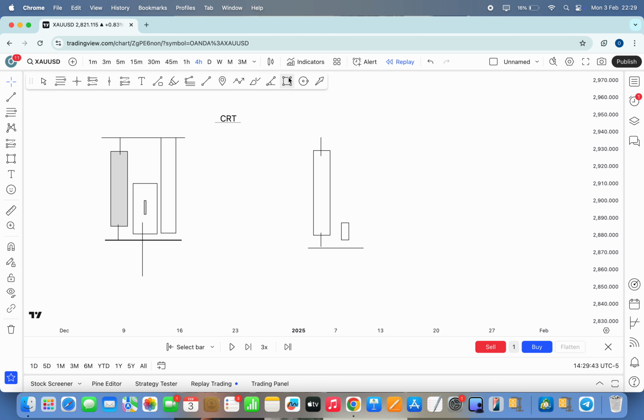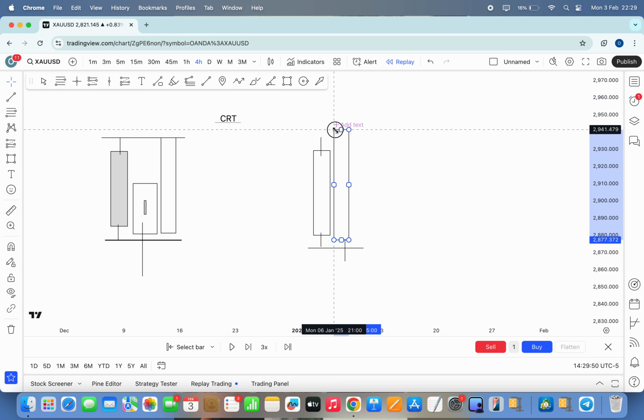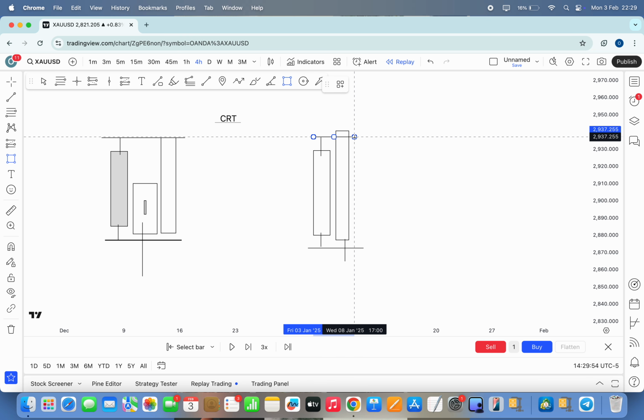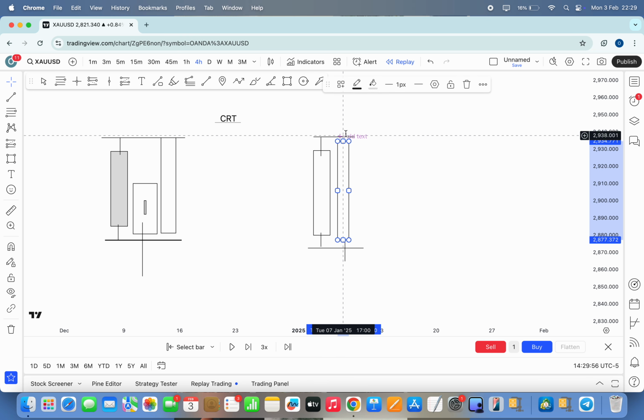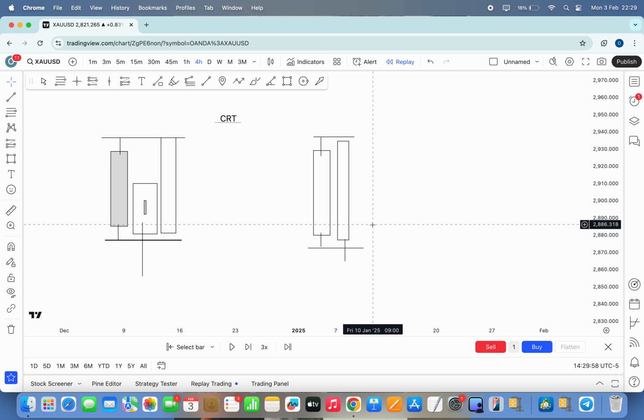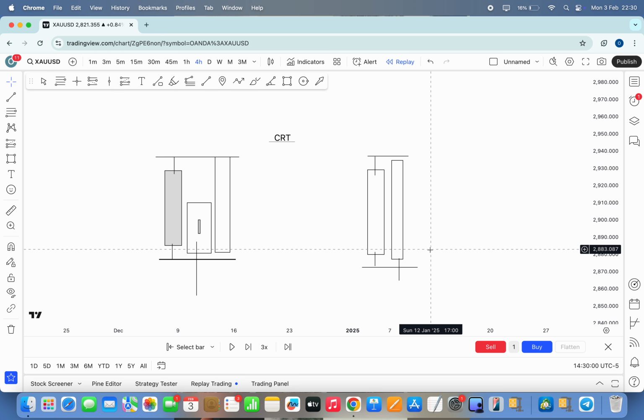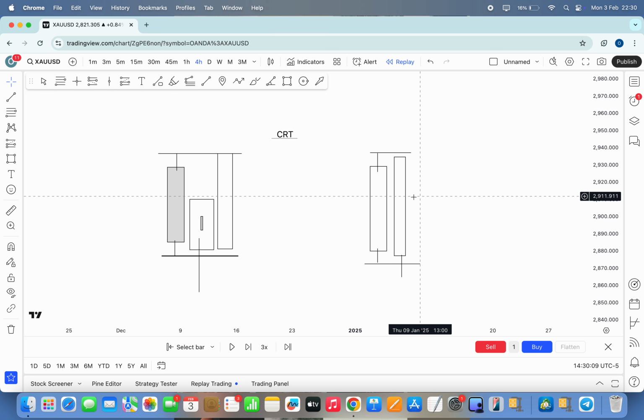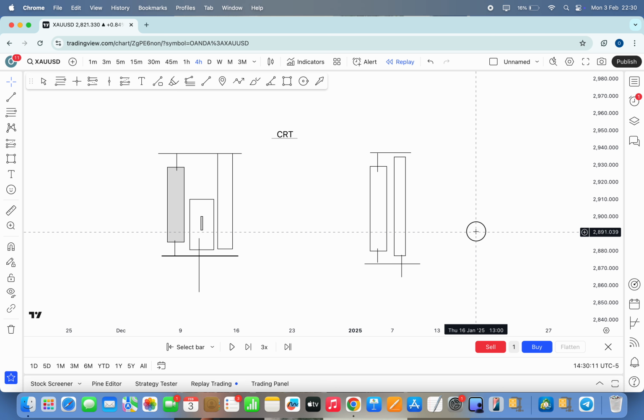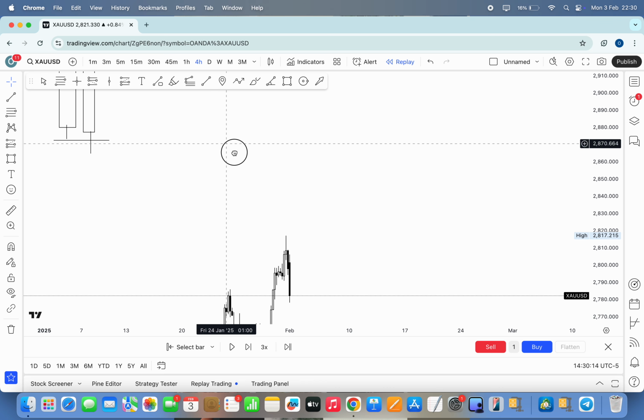The wick closes above there and pushes upwards and closes above to show a continuation, or it might close below. It's also a CRT which created the turtle soup. I also did a video about turtle soup, so it's going to be easier for you to understand and fit them into your trading model. I hope you have understood it. I'm going to use today's price action as an example for you to understand it.